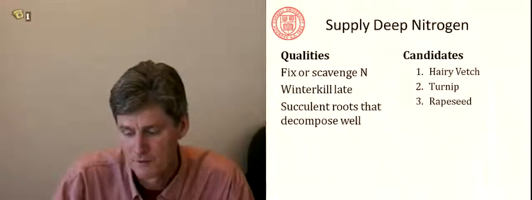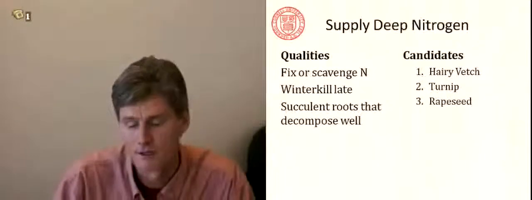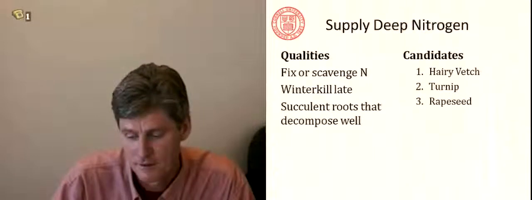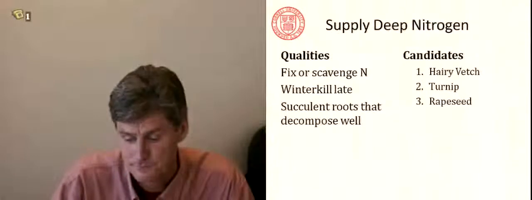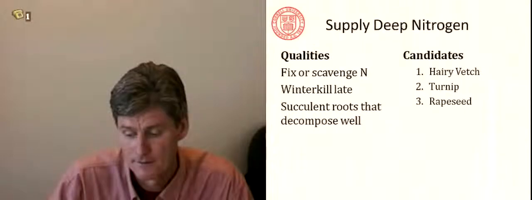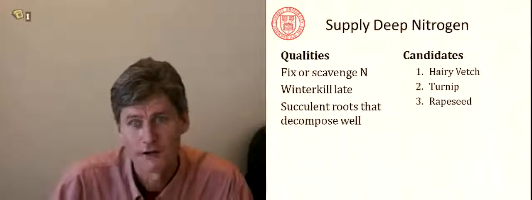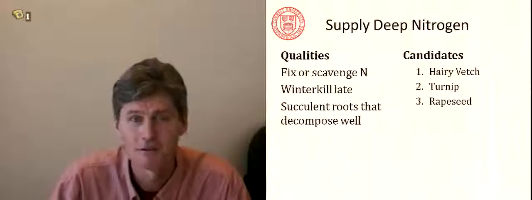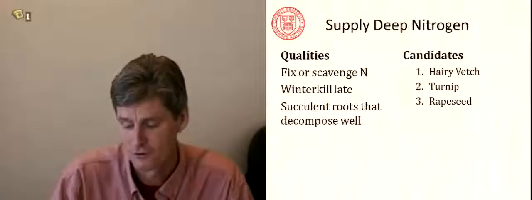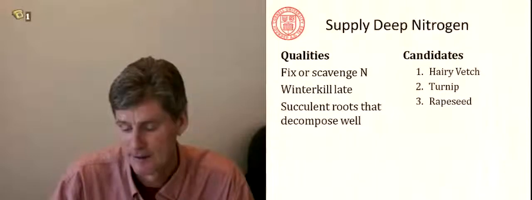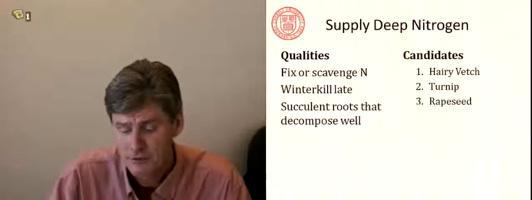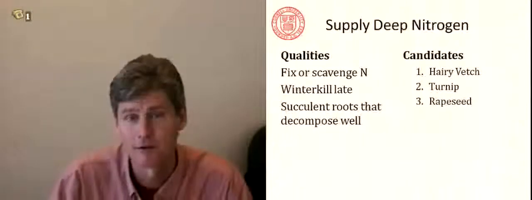And then going with the nitrogen scavengers that will be dying at the right time of year are, again, the turnip and the rapeseed. And being cole crops, they're heavy feeders. They're going to suck up any nitrogen that's sitting around in the soil available for leaching or crops. But they also end up being quite succulent, and so they will decompose.